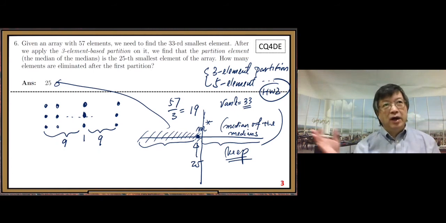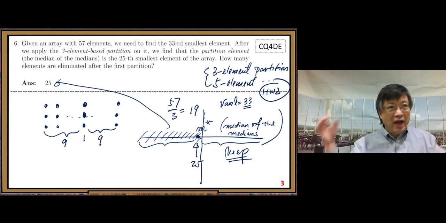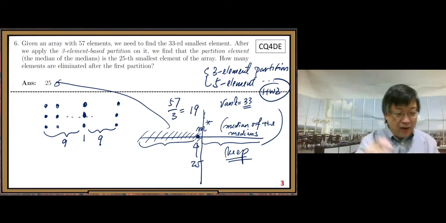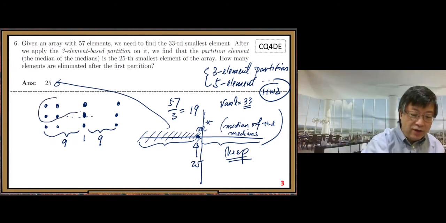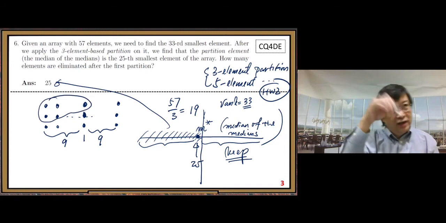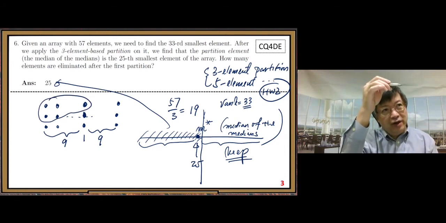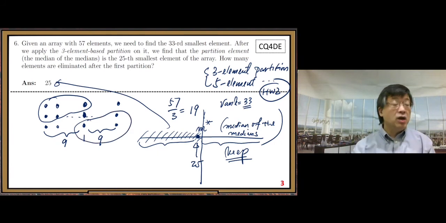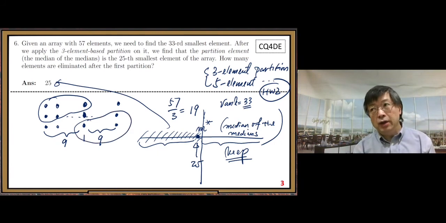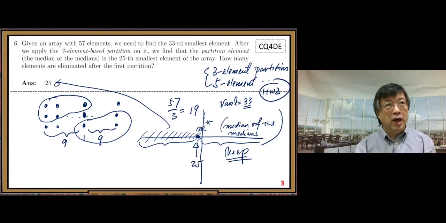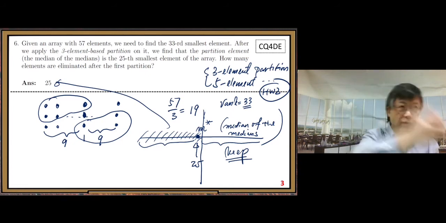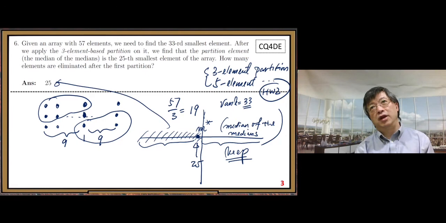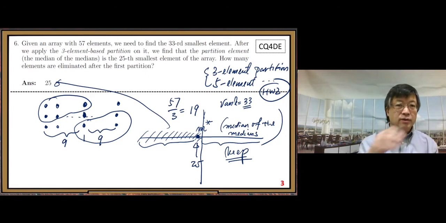You do not need to go through a lot of details, because in our algorithm we have a lot of details, like which part is strictly greater than, less than. But in this question, I didn't ask you that kind of detail, so the answer is straightforward.